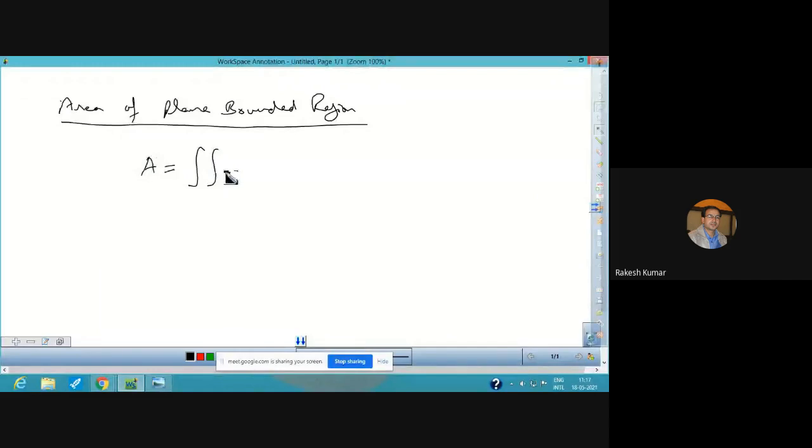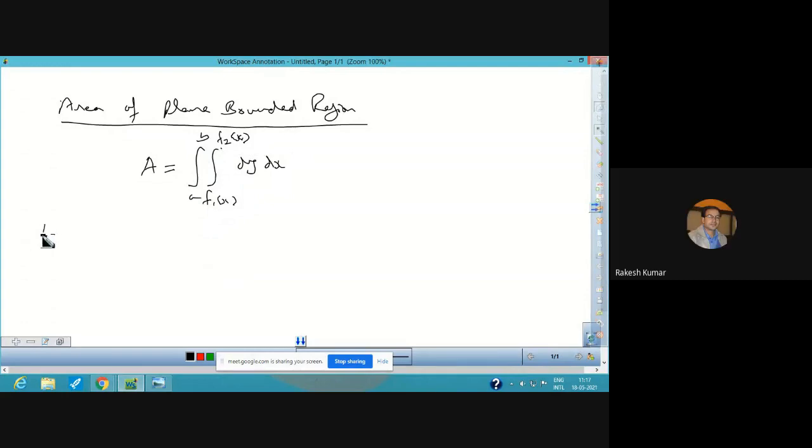The limits of y will be in terms of a variable, that is f1(x) to f2(x), and the limits of x will be constants, a to b. Similarly, we can find the area in polar form after this. So let us find the area by double integration.